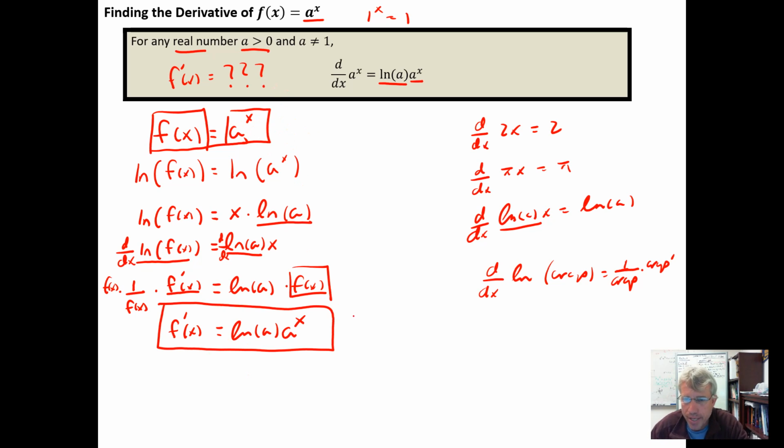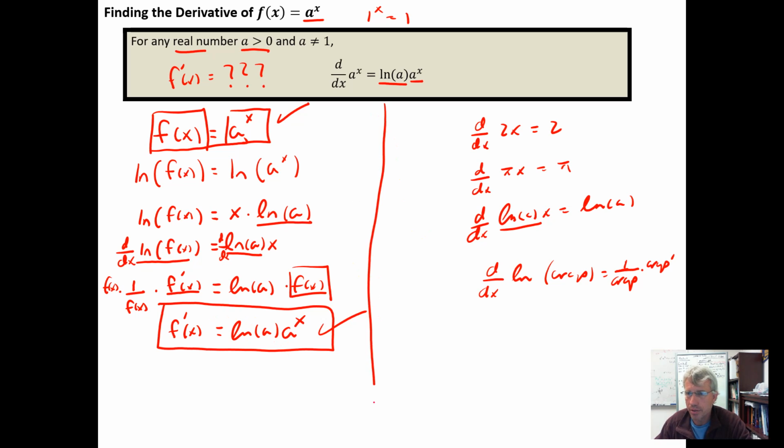So if I can't remember the formula for the derivative of an exponential function, I could always go through this process of logarithmic differentiation, where I take the log of both sides, and then I use the fact that I know the derivative of the natural log has the form f prime of x over f of x. And I could walk through and get the derivative that way.